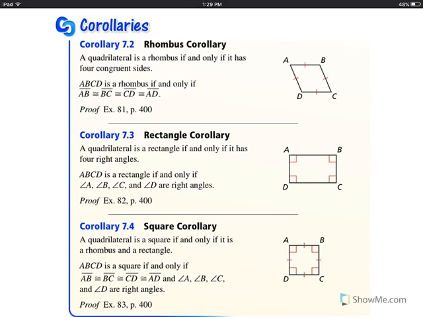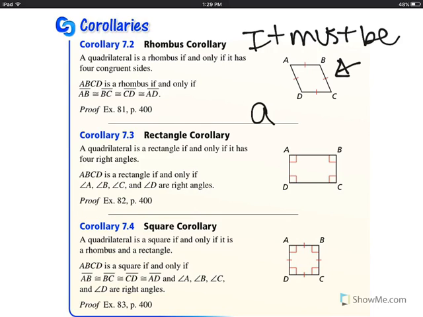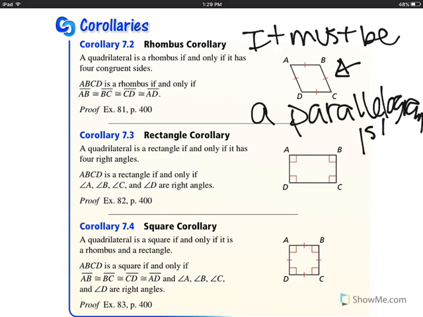Okay, so this brings us to our corollaries. A quadrilateral is a rhombus if and only if it has four congruent sides. Now, in order for a quadrilateral to be considered a rhombus, it must be a parallelogram first.